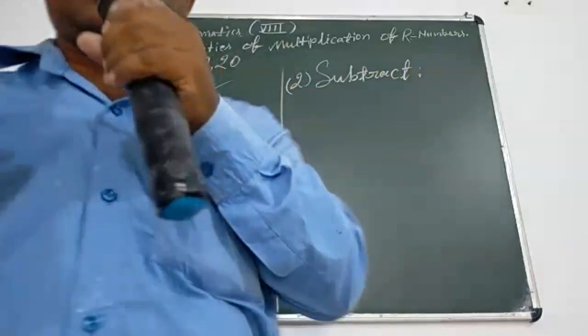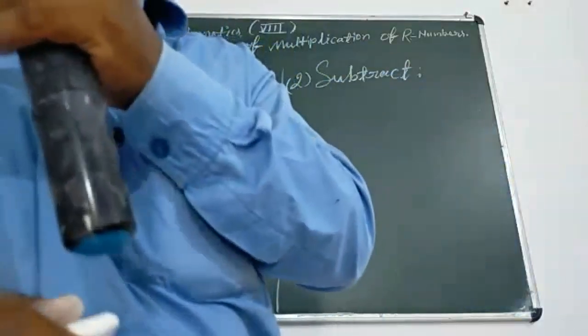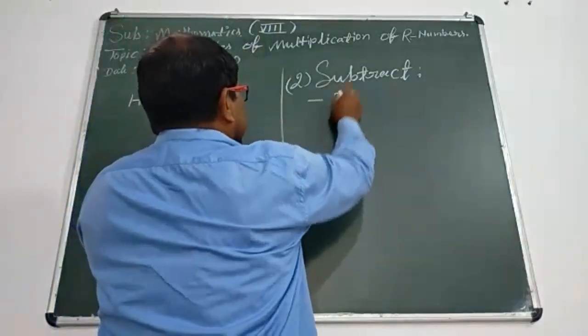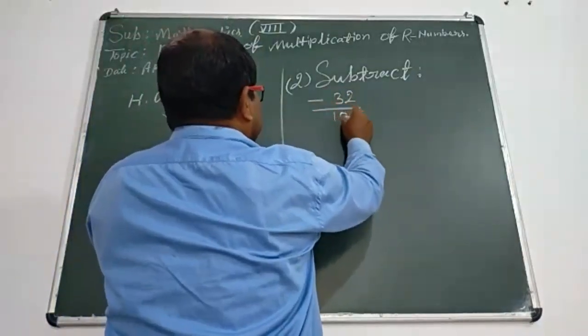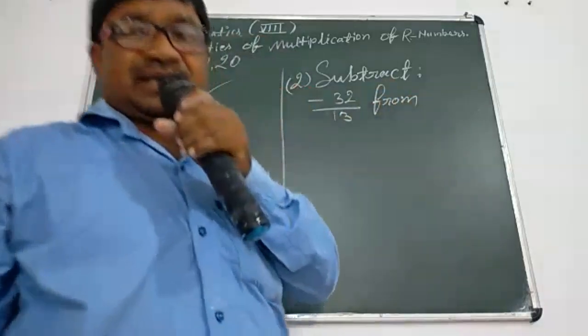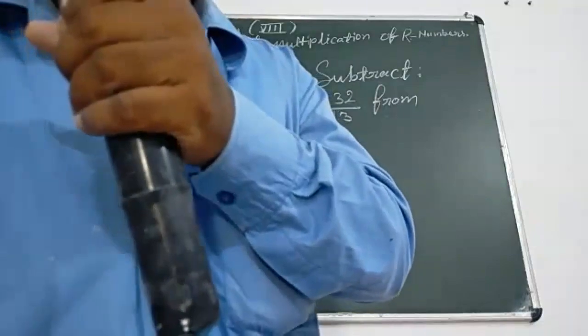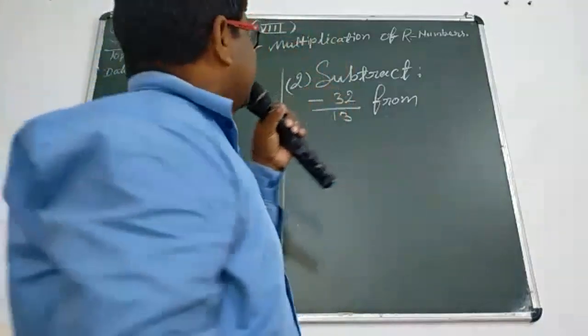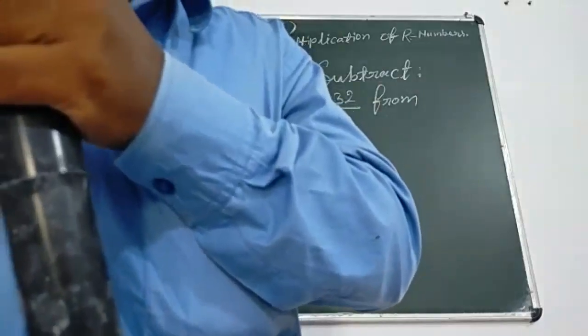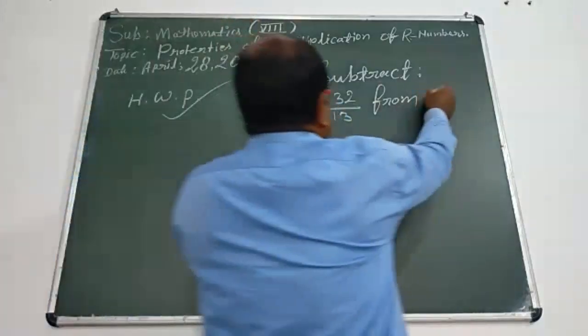I am taking one question: minus 32 upon 13 from minus 13 upon 2.